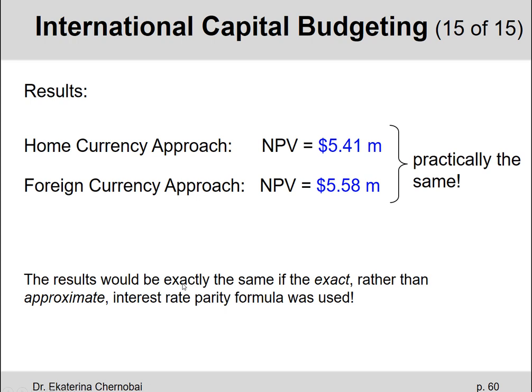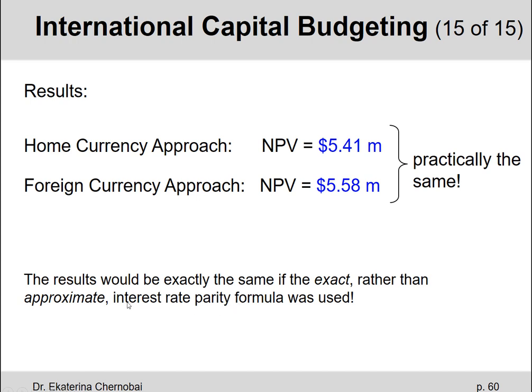Actually, they would be exactly the same if throughout all our steps for the two approaches, we only used exact versions of all the important formulas rather than their approximate versions, such as, for example, the interest rate parity approach that we used in the home currency approach to find the, what do we use it for?